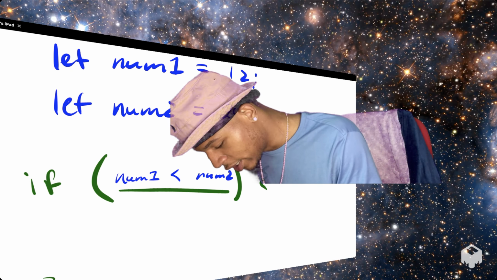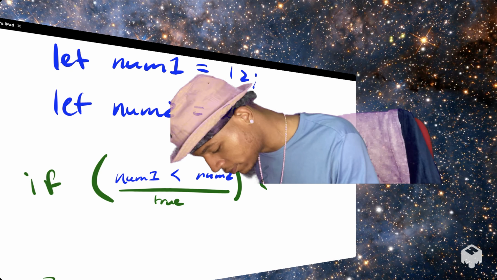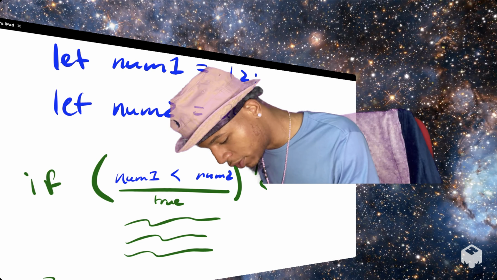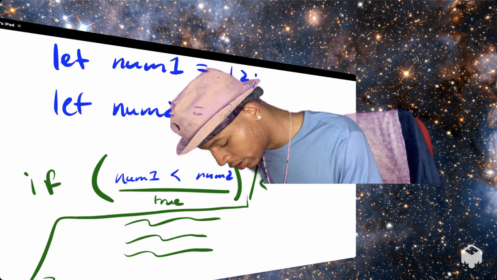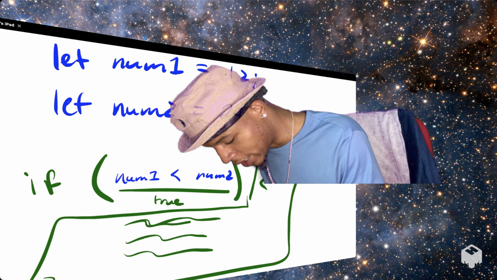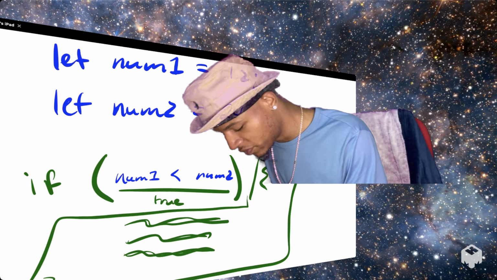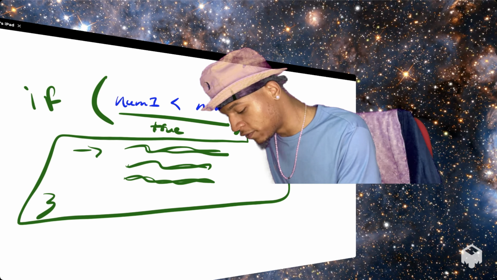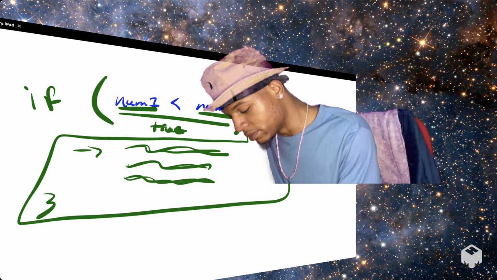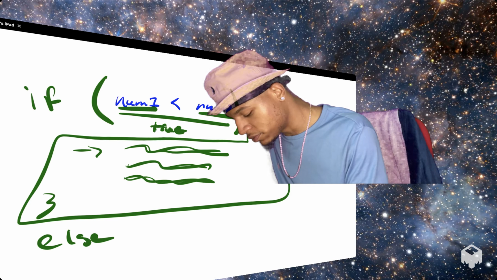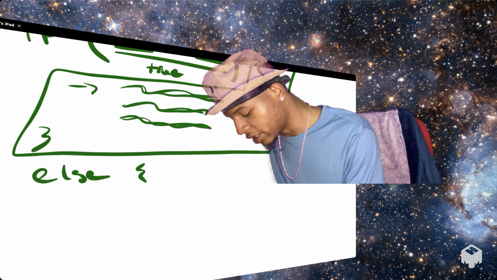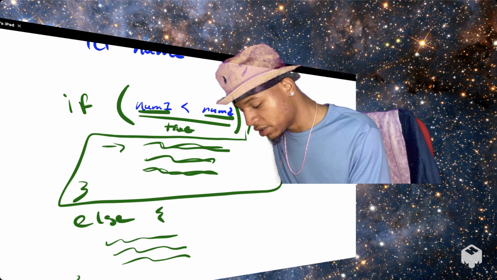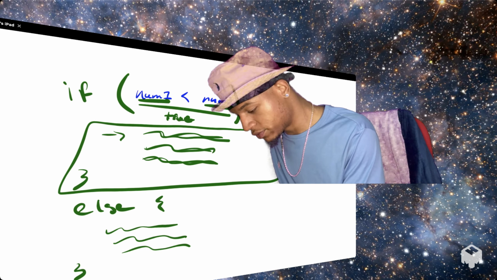It says, if this evaluates to true, then run the commands between this curly brace and this curly brace. These commands are just instructions that will run if num1 is less than num2. Else, there's another set of commands that I want you to run if num1 is not less than num2.